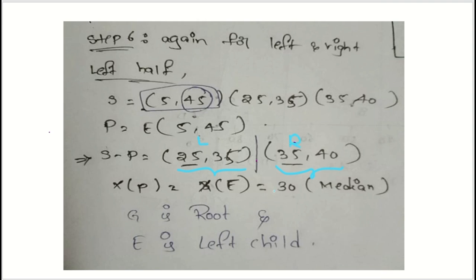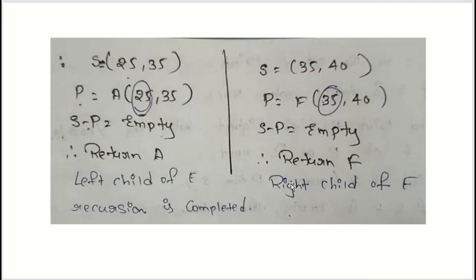So again for these two I need to construct the priority search tree. On the left side I took 25, 35. There is only one value, so for P also I am considering the same only. I am not changing anything because only one value is there. For P the same will come, 25, 35.